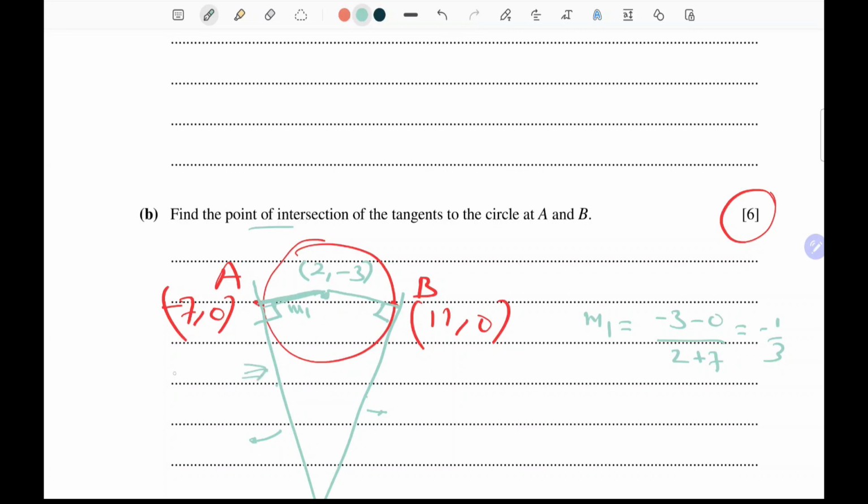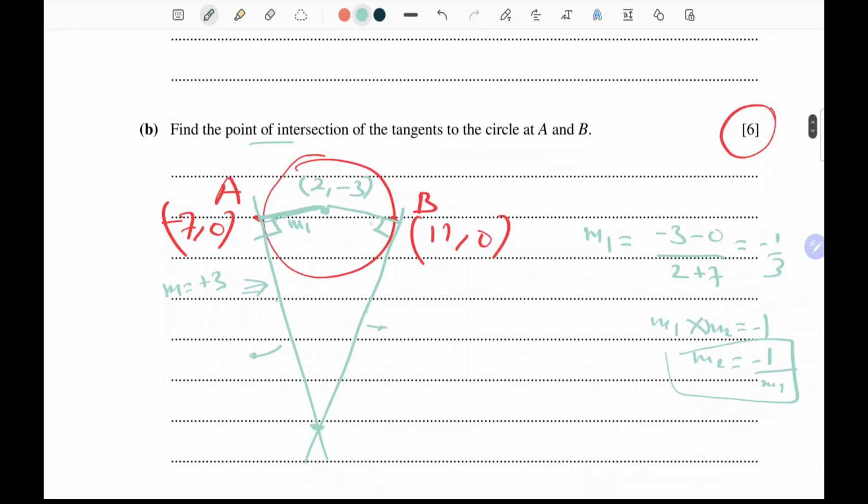So this line will have gradient, of course, upside down and change the sign. So it will have plus 3 gradient, right? Why? m1 times m2 is minus 1, so m2 is minus 1 over m1, when two lines are perpendicular.